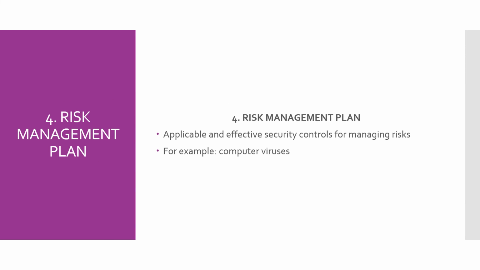The fourth step in the risk management process is the risk management plan. Here, the risk management plan should propose applicable and effective security controls for managing the risk. For example, if you take computer viruses, we all know there is always a high risk of computers being affected by these viruses. So it should be mitigated by acquiring and implementing antivirus software.